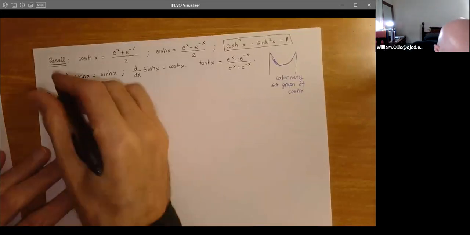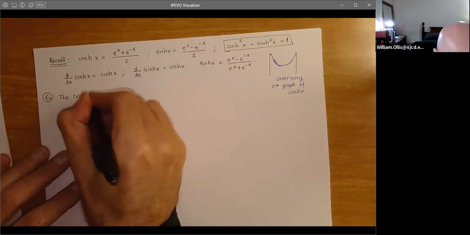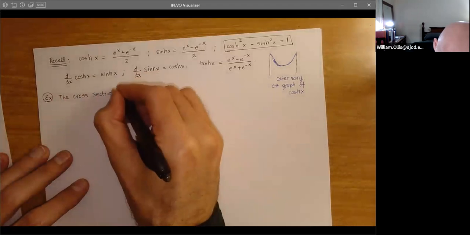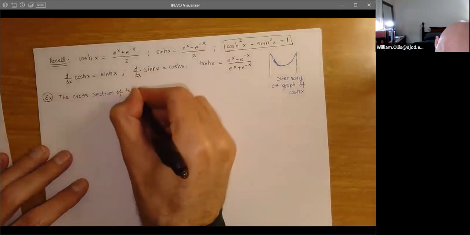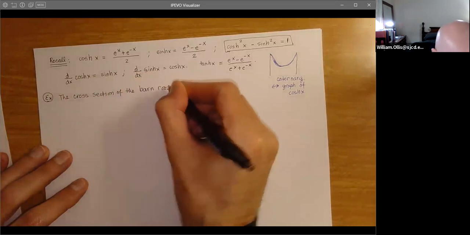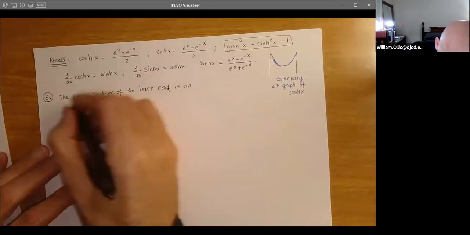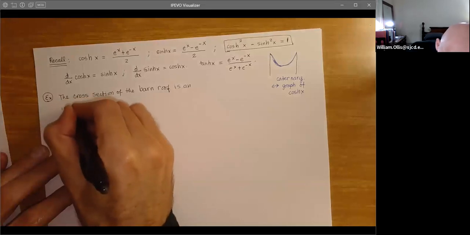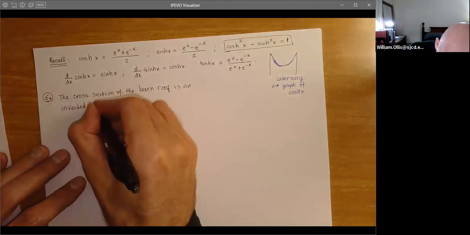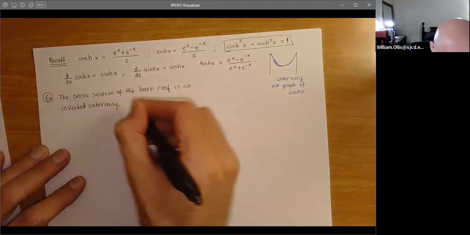So in this case, the cross section of the barn roof is an inverted catenary. And they give you a formula for it. Catenary. And here's the formula.